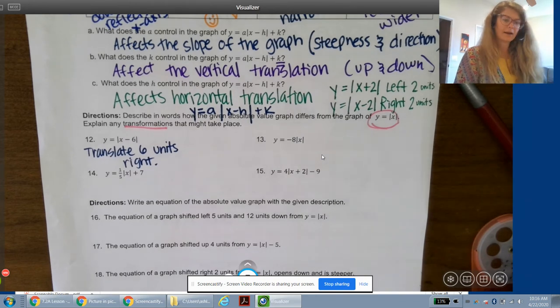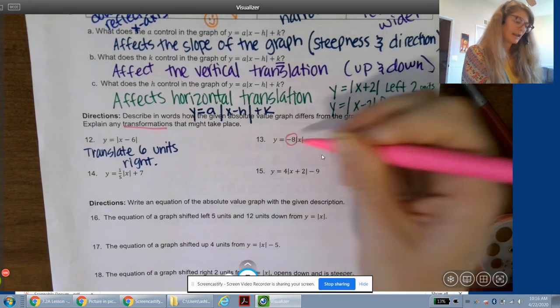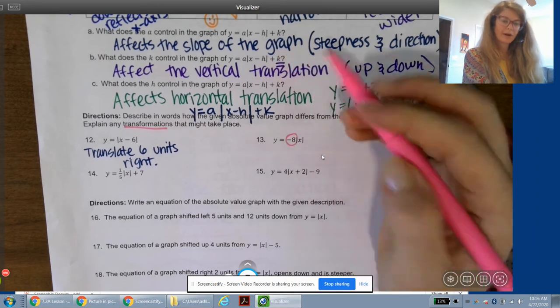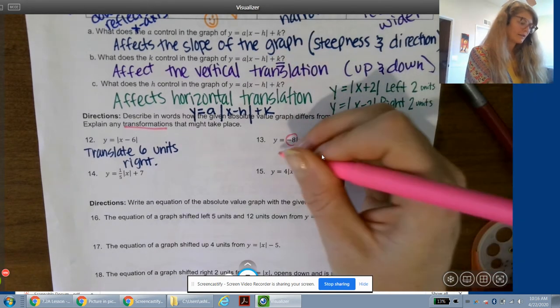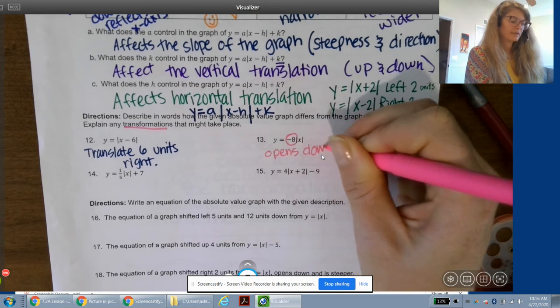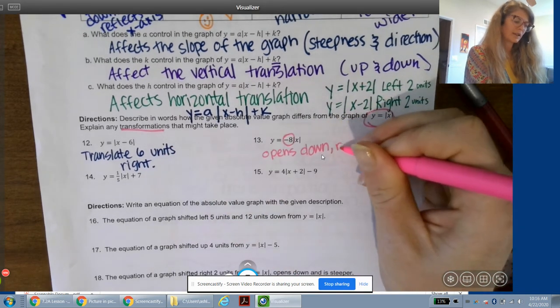Okay, let's see how we did. 13, this is a negative 8. It's an a value, which is going to affect the steepness, the slope of our graph. So how is it different? Opens downwards. Opens down, or a flip or a reflection. Since it talked about transformations, we should say reflected.